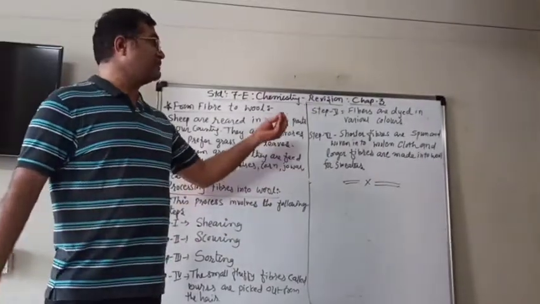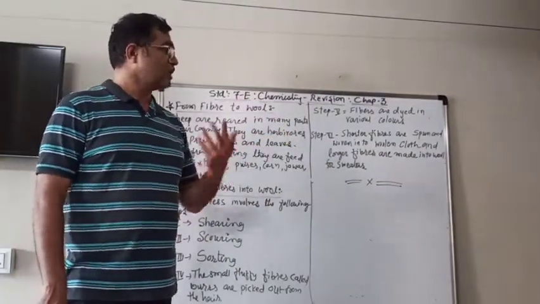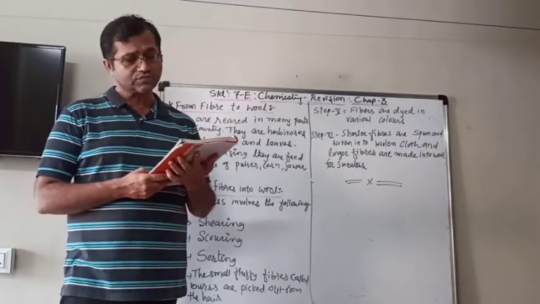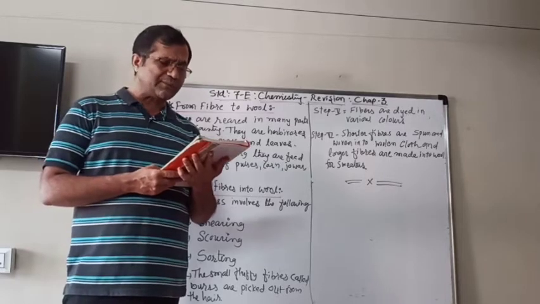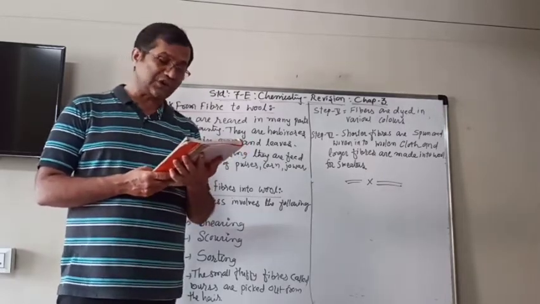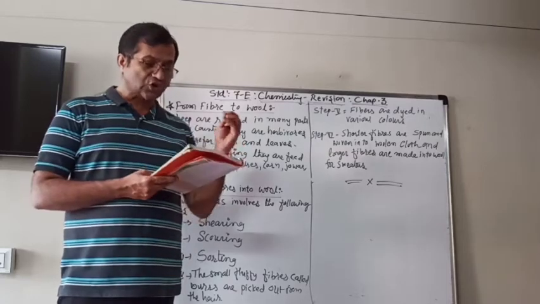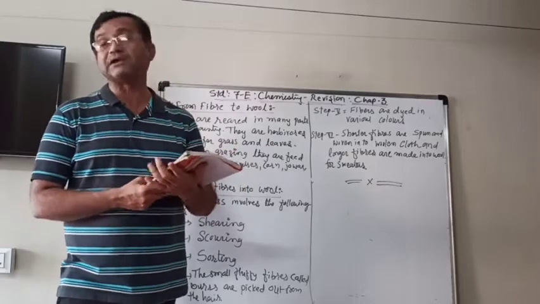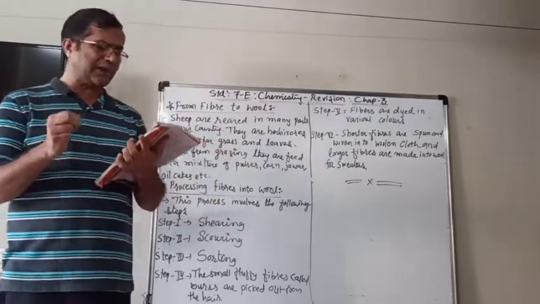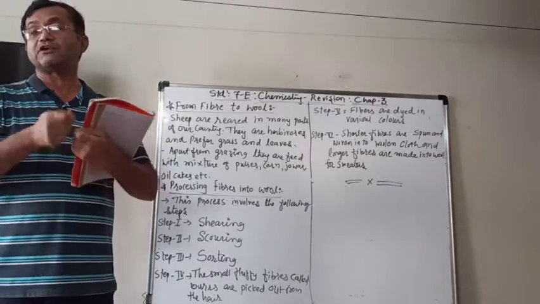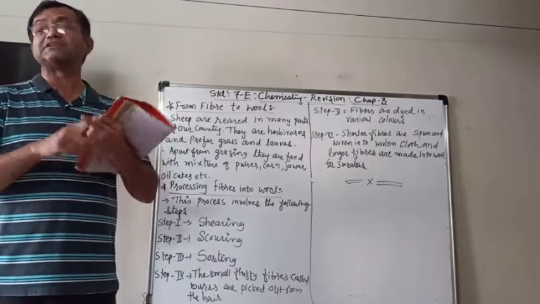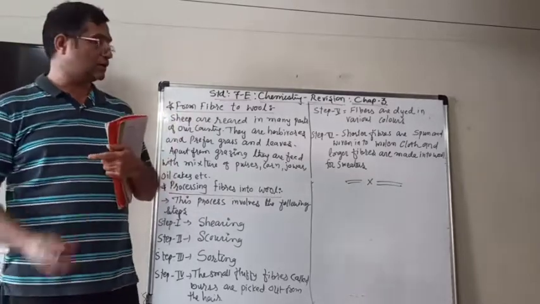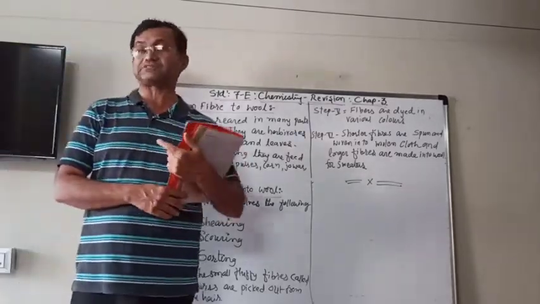Now, whether the fibers are long or short, according to that they will do what is required. The longer fibers are made into wool for sweaters, and the shorter fibers are spun and woven into woolen cloth. The longer fibers are made into wool for knitting sweaters, using needles.